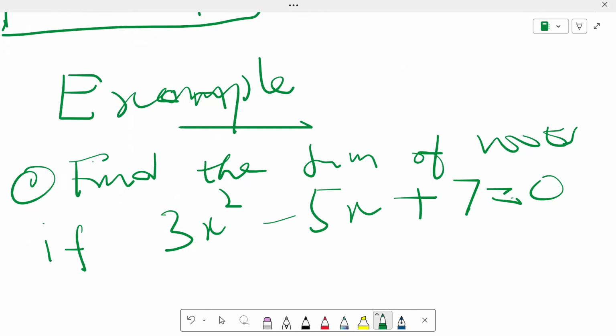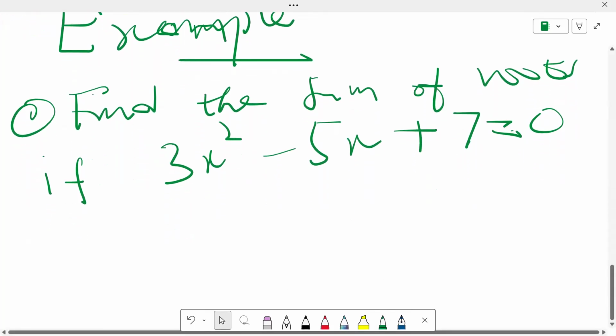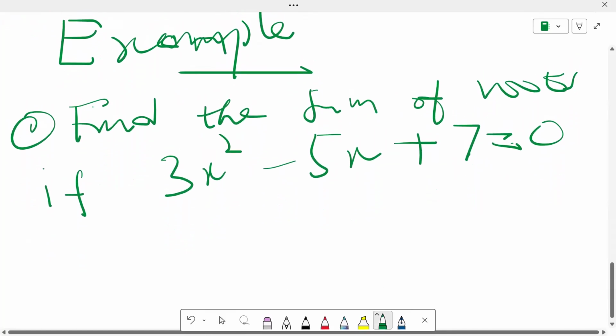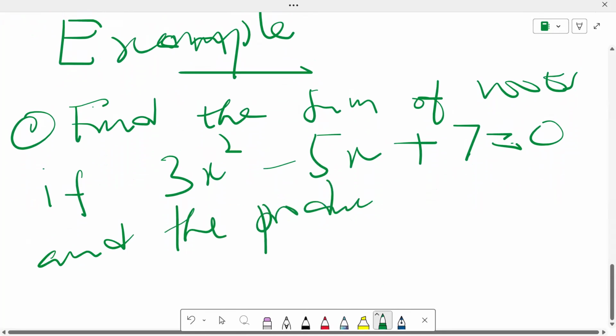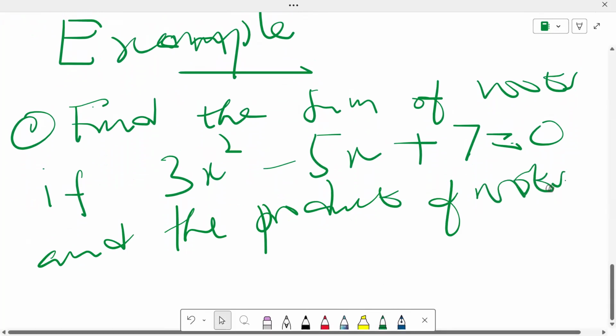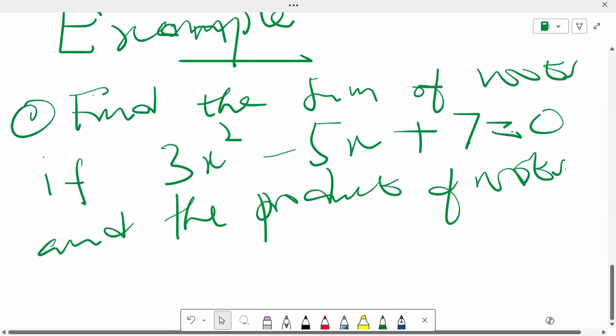Find the sum of roots and the product of roots if 3x squared minus 5x plus 7 is equal to 0. So we are going to find the sum of roots and the product of roots.